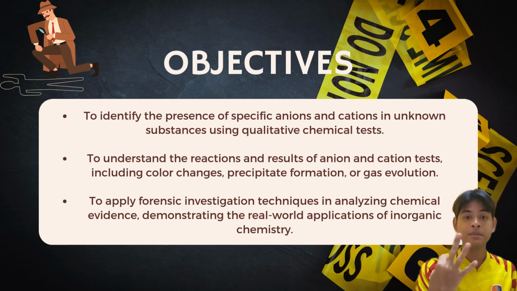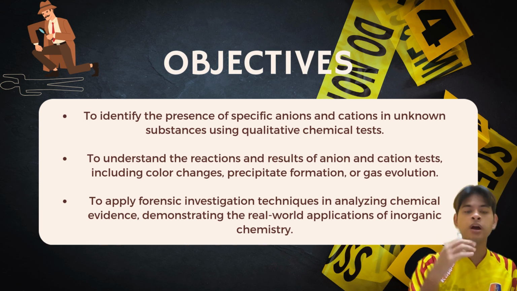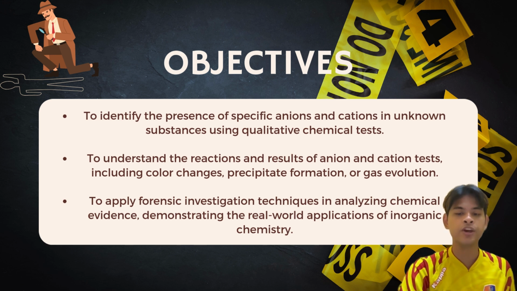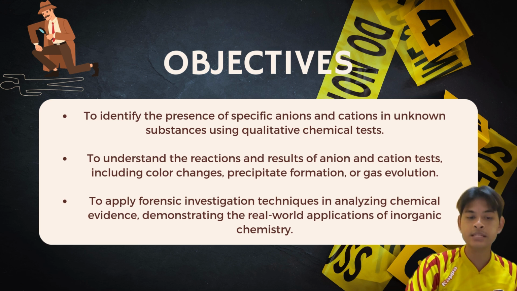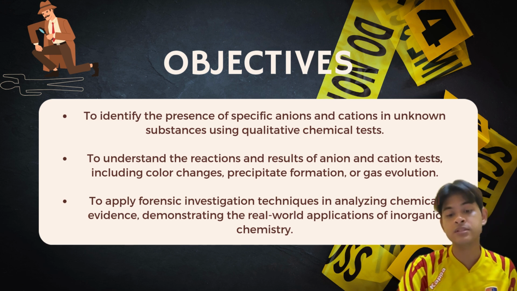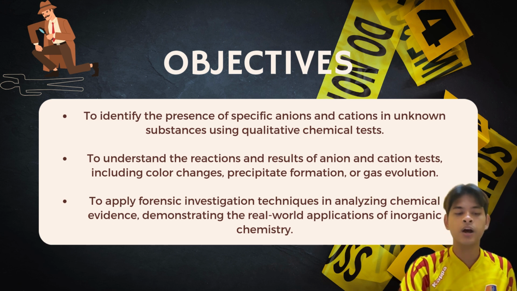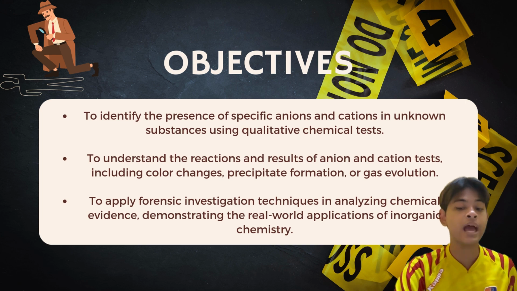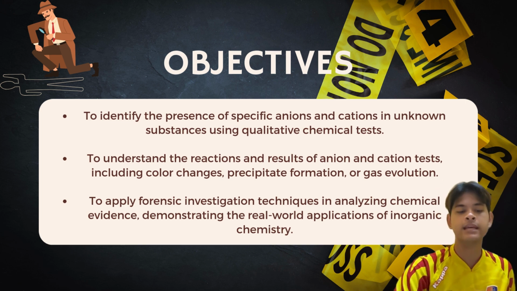There are three main objectives that we want to achieve in this innovation of our kit: identifying the presence of specific anion and cation in an unknown substance using the qualitative chemical test, understanding the reactions and results of the anion and cation test, and lastly applying some forensic investigation techniques in analyzing the chemical evidence.